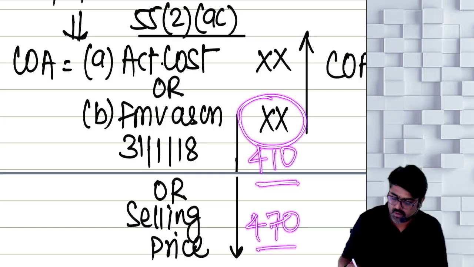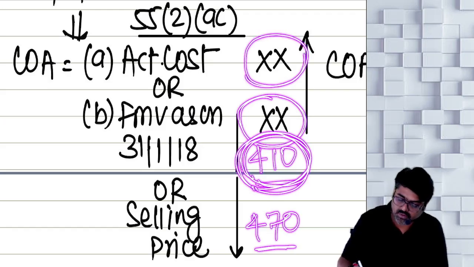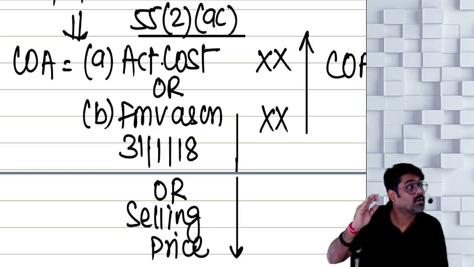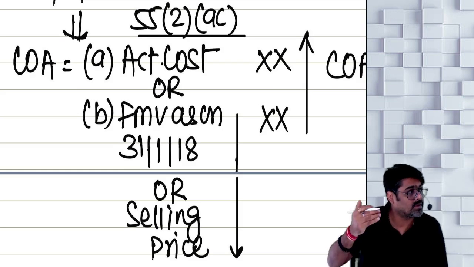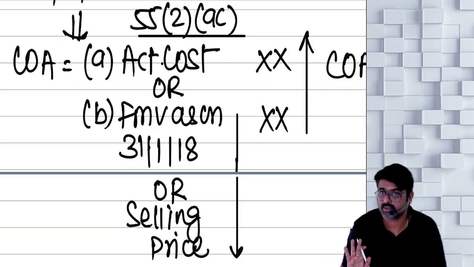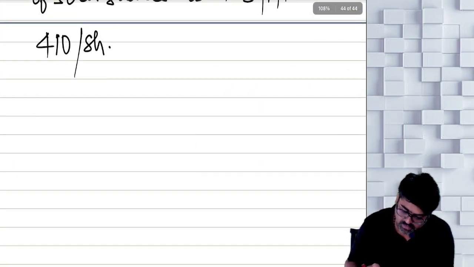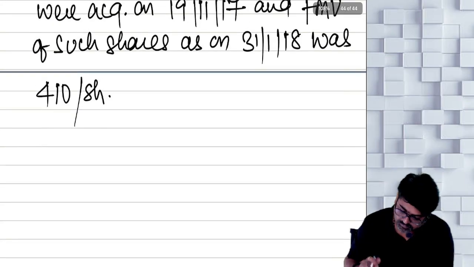So 410 or 400, whichever is lower. Then you take 410 or 380, whichever is higher. 410 can be taken as your cost of acquisition. Understood? So let's now go ahead and do the solution.